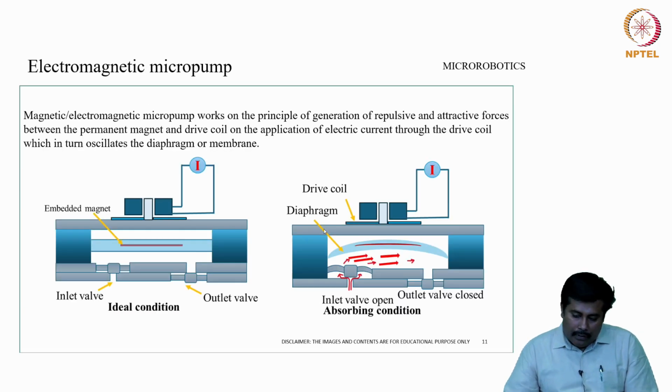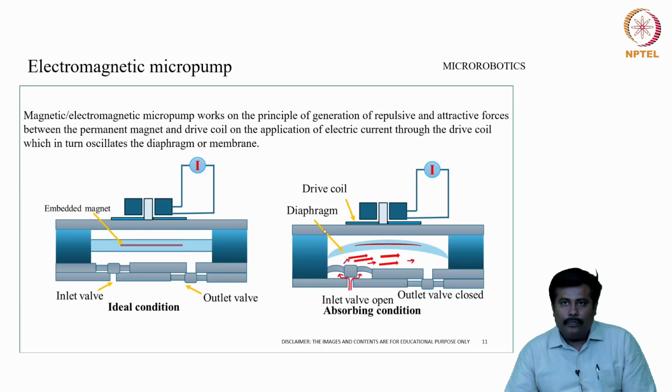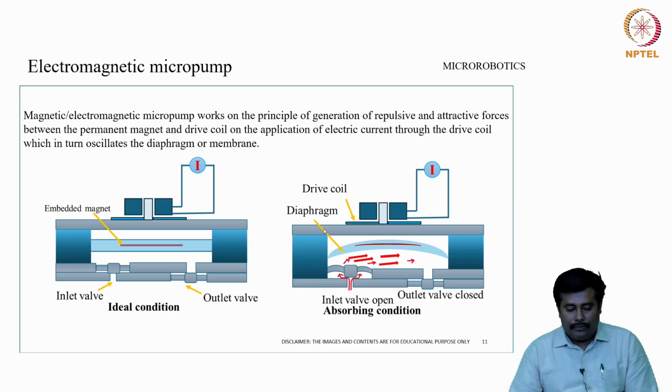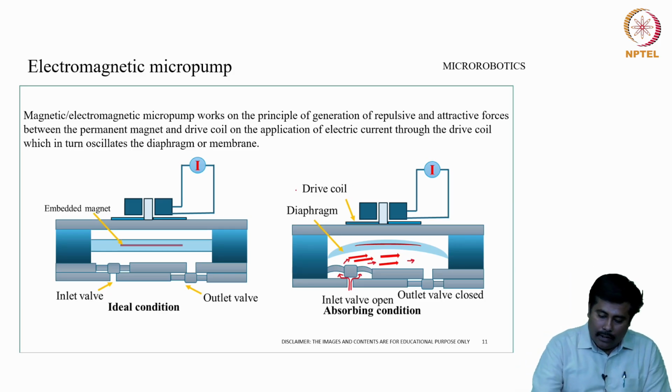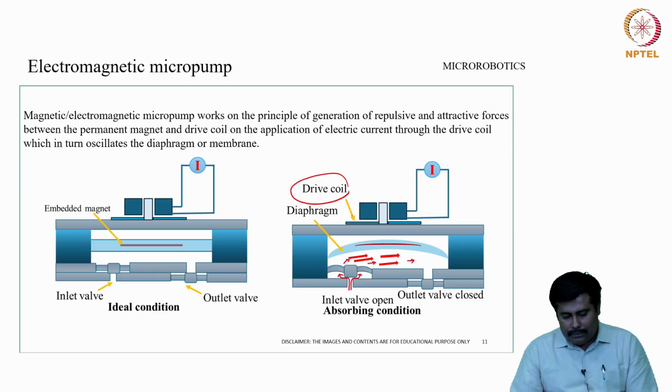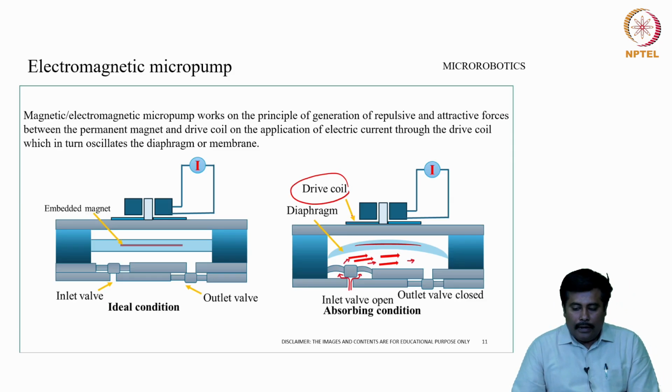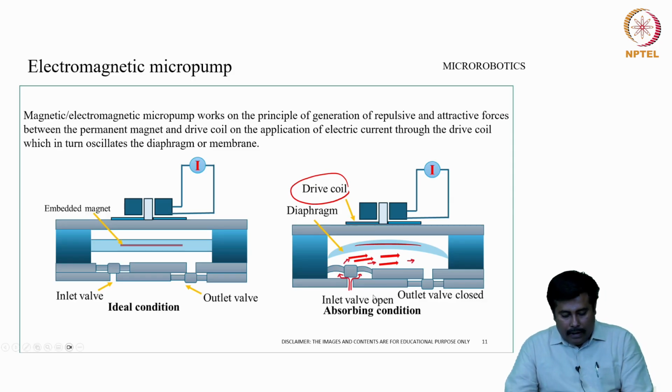Now, if we closely observe the overall actuation mediums or the actuation switch which has control over it, one is the drive coil and the other one is a diaphragm, which is going to be an embedded magnet. So, here we have two conditions.